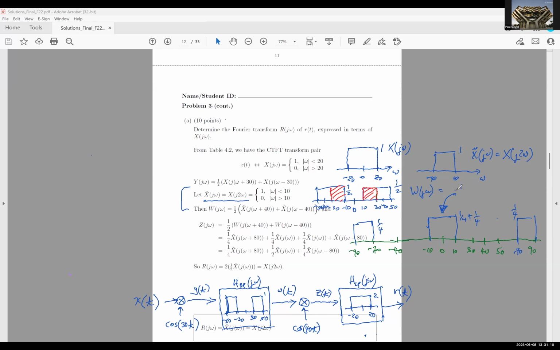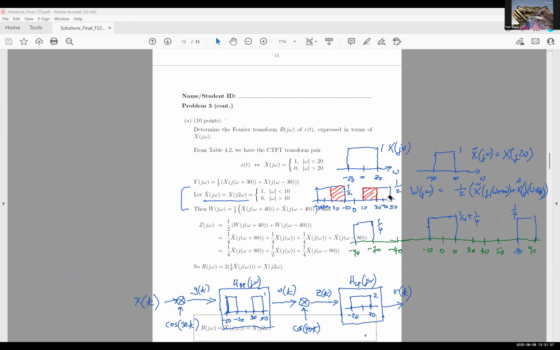So I wrote that as 1/2 of x tilde of j omega plus 40 plus x tilde of j omega minus 40. So let me make sure that these arrows and things aren't confusing. So that's what w of j omega is.